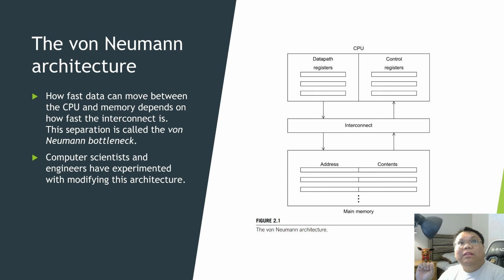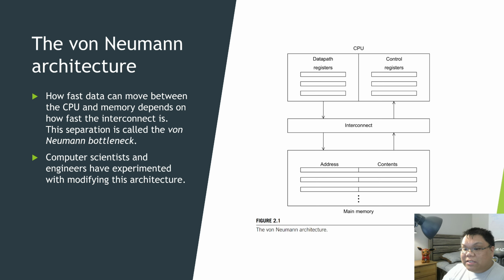The CPU typically works at a clock speed that, depending on the system, may vary from 2,000 megahertz, which is 2 gigahertz, to 4,000 megahertz. In comparison, memory could be as low as 2,000 megahertz.